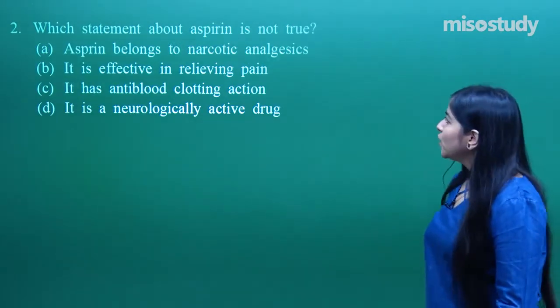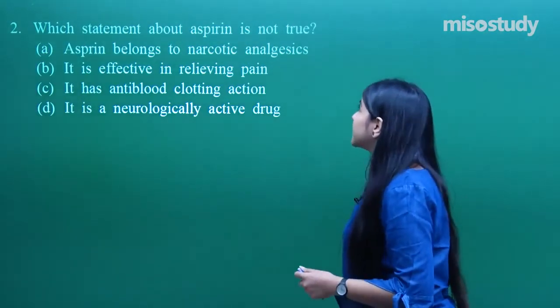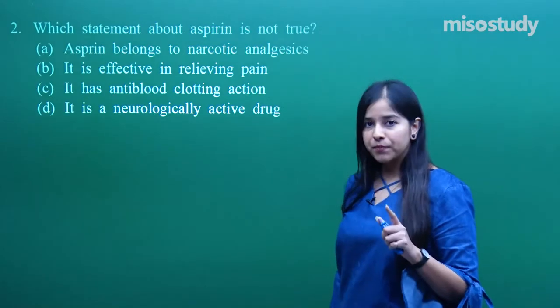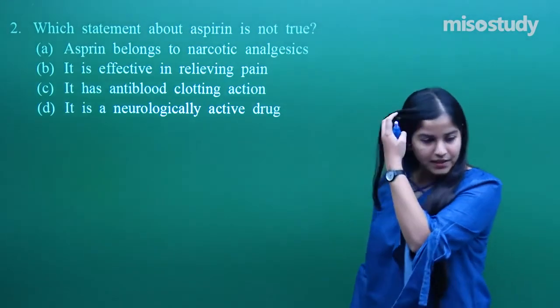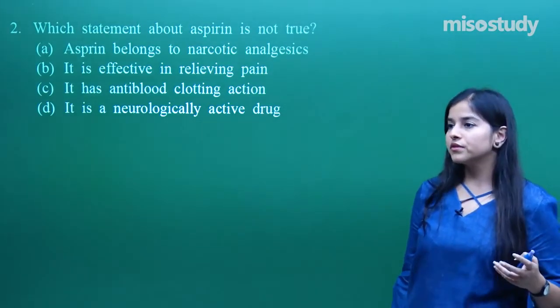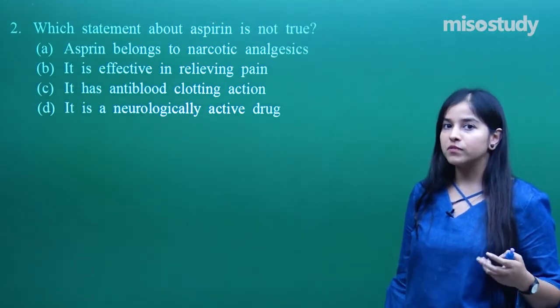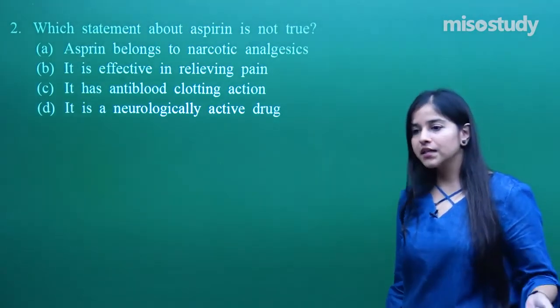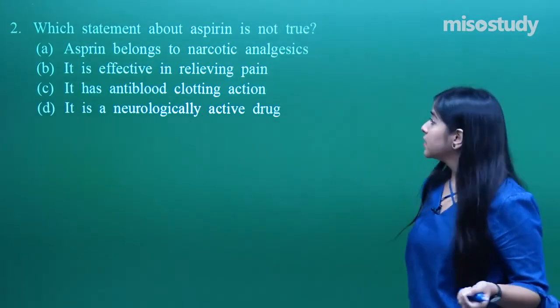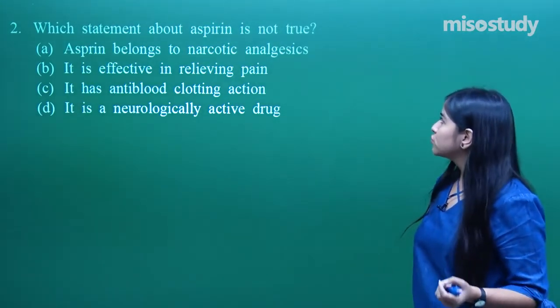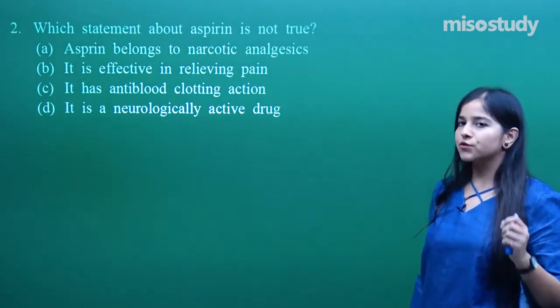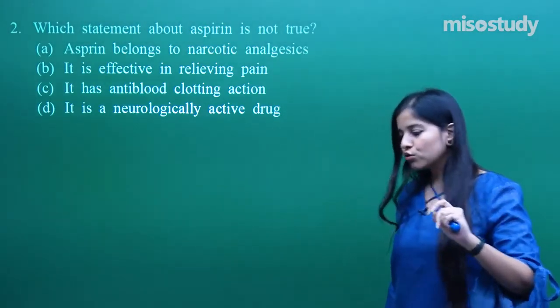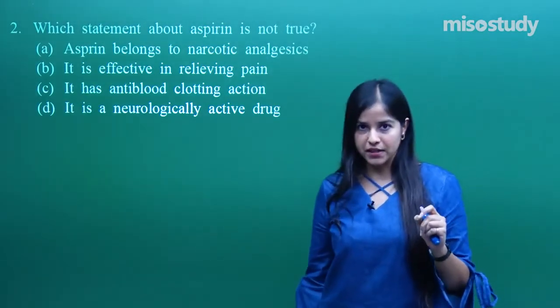Next question: which statement about aspirin is not true? These days aspirin has been banned because it creates a lot of liver problems. It is very dangerous for our health, but earlier it used to be in use. So, aspirin belongs to the narcotic analgesics. First of all, what is an analgesic? Those which can kill pain, painkillers sort of.